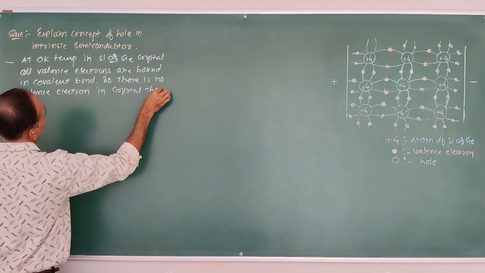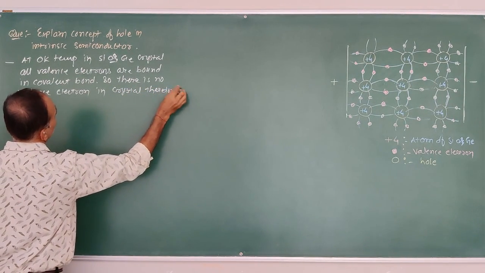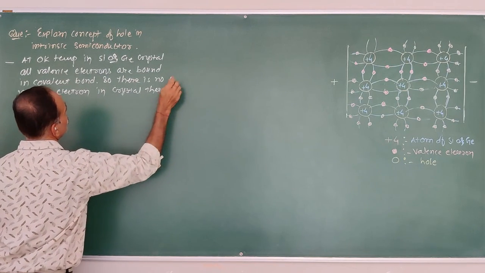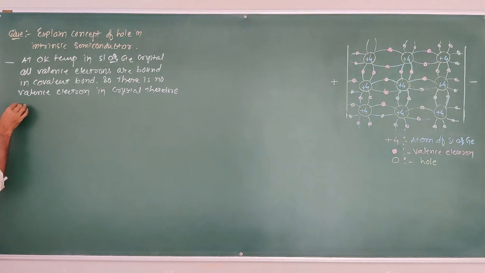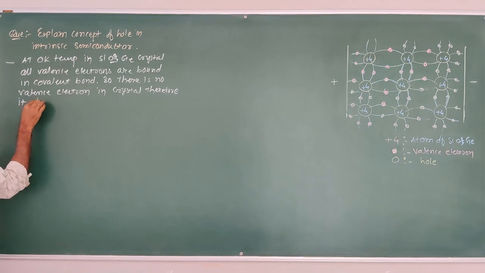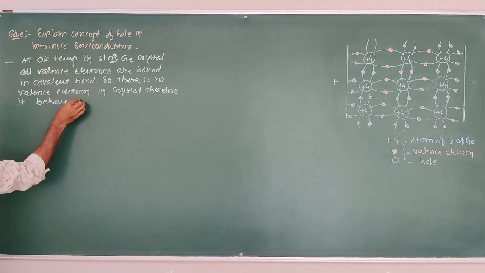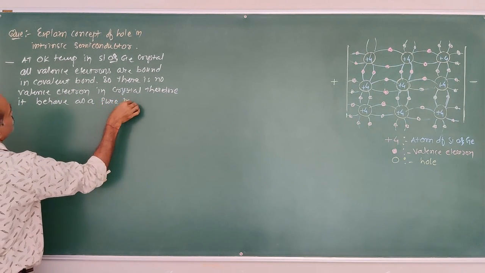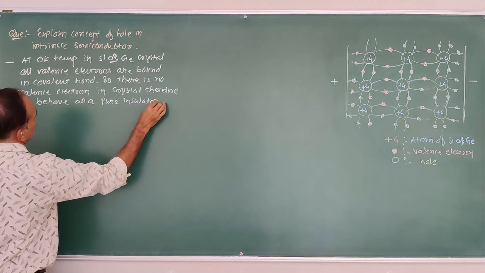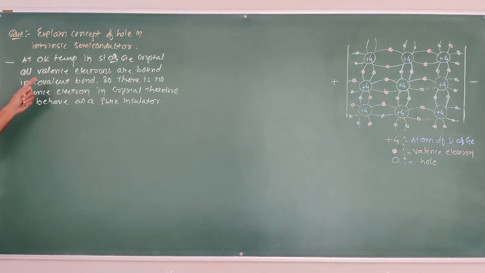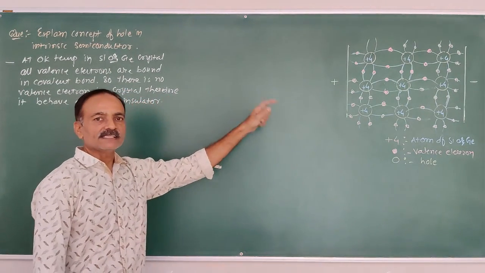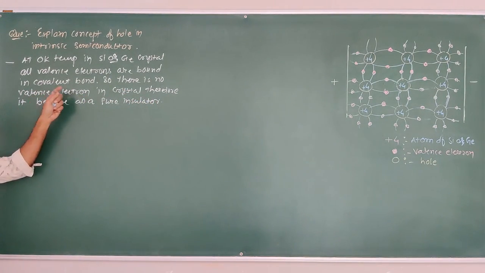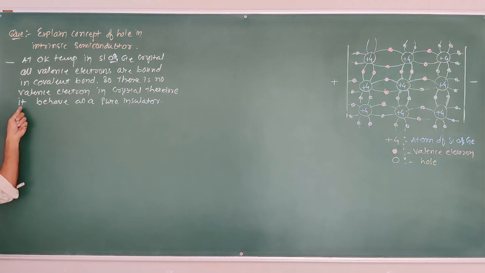Therefore, it behaves as a pure insulator. At 0 Kelvin temperature, all the valence electrons are bound in covalent bonds, as we just discussed. Therefore there are no free electrons in the crystal, so it behaves as a pure insulator.